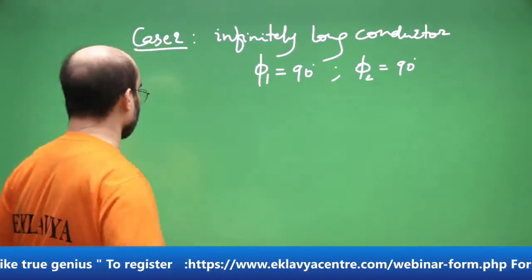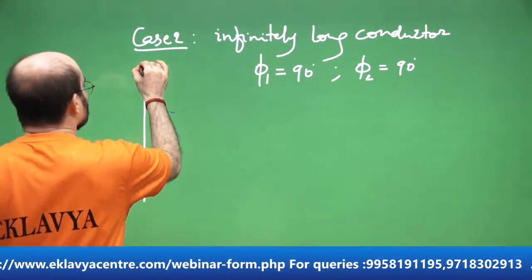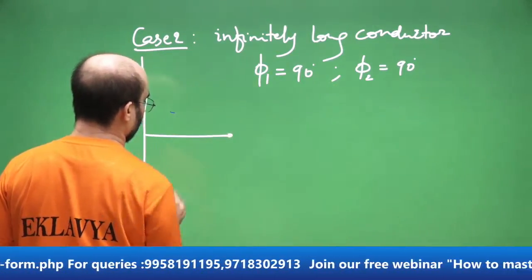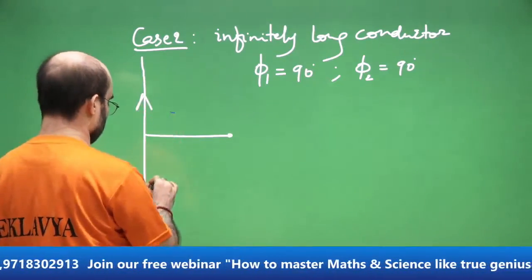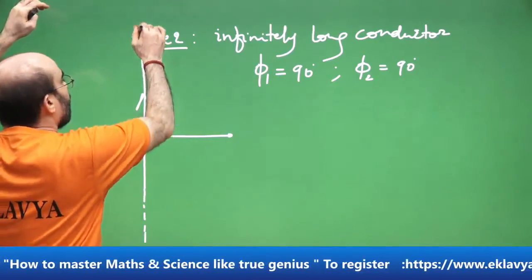That we can make out, right? Both the ends are infinitely away from this point. So this is making 90 degrees, this is also 90 degrees, because this is endless.